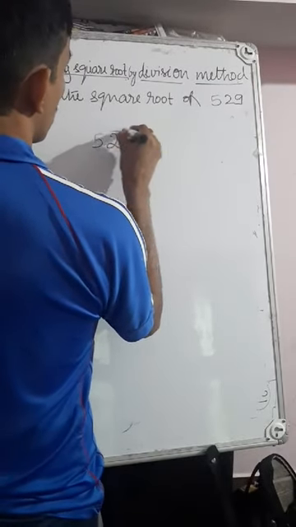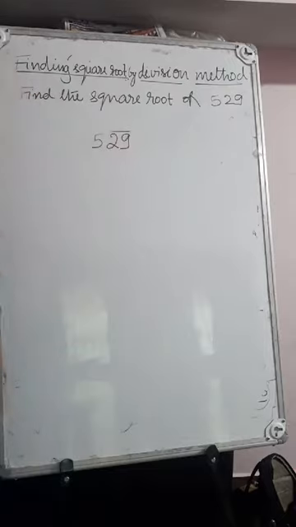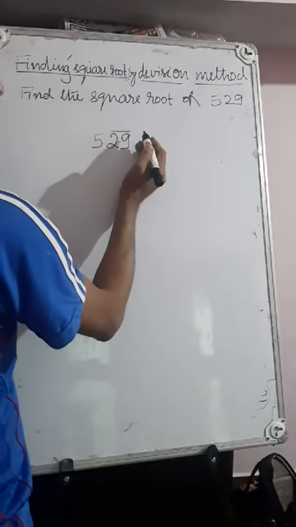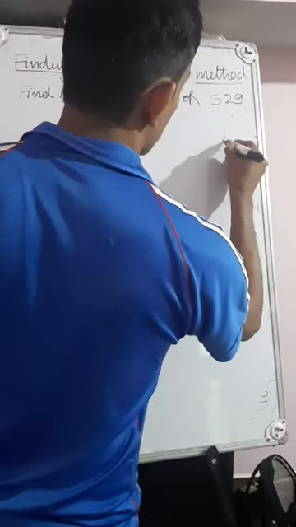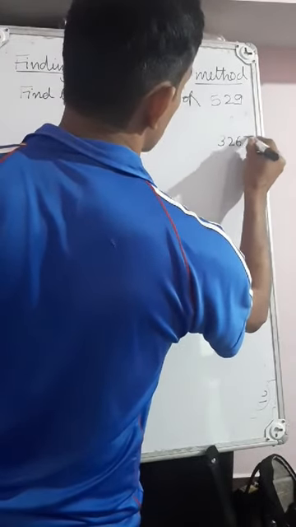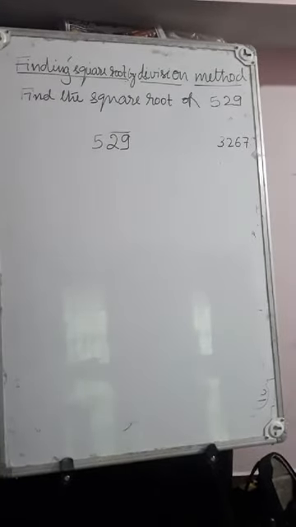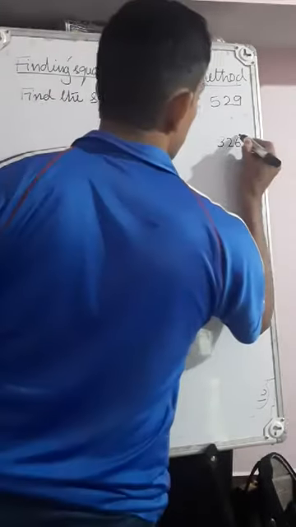Place a bar over each pair of digits starting from the units place. Look at this, 3 2 6 7: starting from the units place, considering two digits at a time, the units and tens digits are a pair.